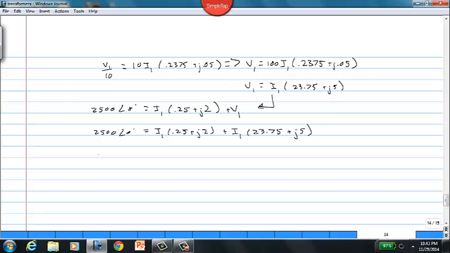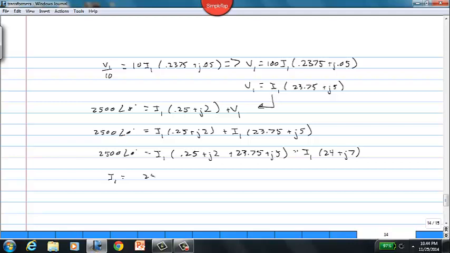Factor out the I1s on the right-hand side. That becomes 2500 at an angle of 0 degrees is equal to I1 times 0.25 plus j2 plus 23.75 plus j5. That's equal to I1 times 24 plus j7.